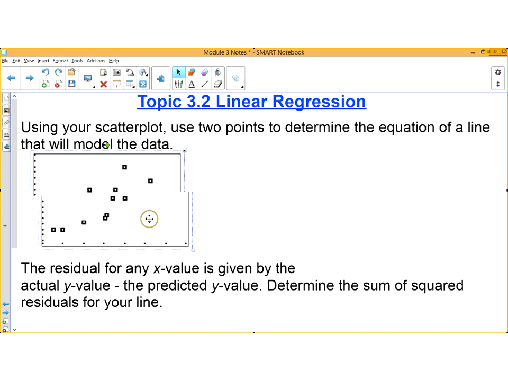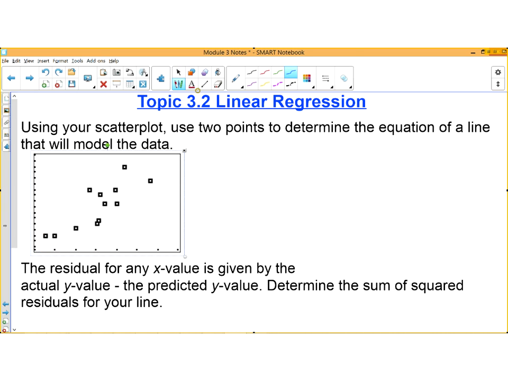So maybe if I was trying to figure out the equation of a line through these points, actually I have a little line drawing tool here. So maybe I would do something like that. It's hard to say exactly, but that might work.